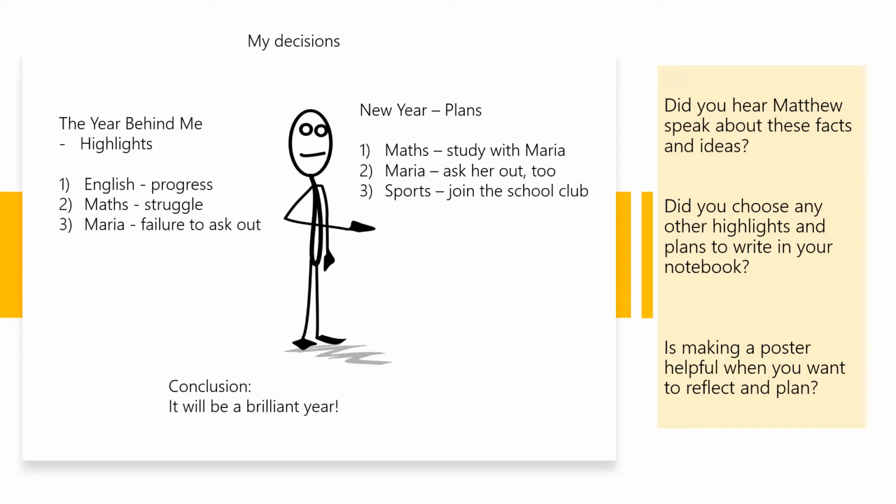Did you hear Matthew speak about his plans for the new year, to study maths with Maria and to be brave and ask her out too, and then to join the school sports club? And did you hear his conclusion? He says, "It will be a brilliant year."